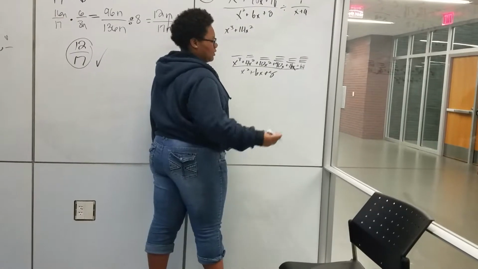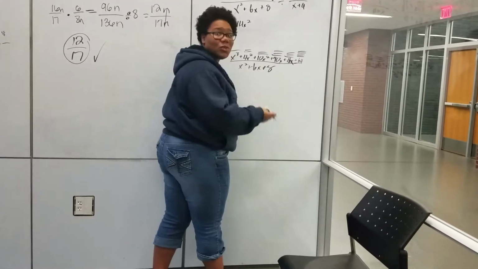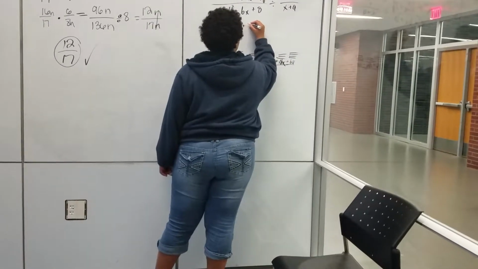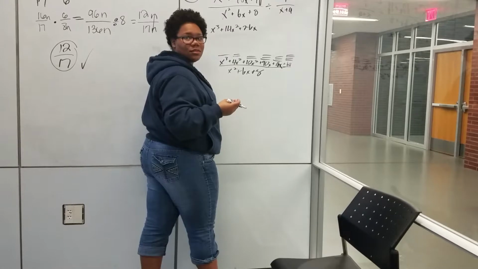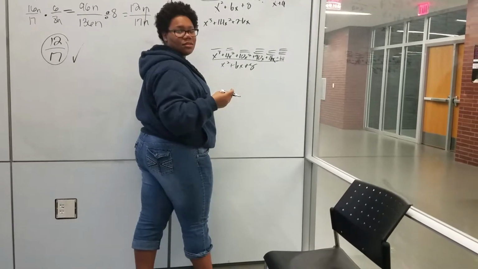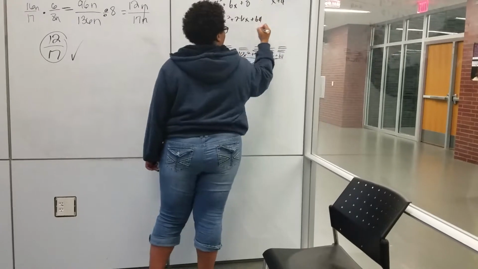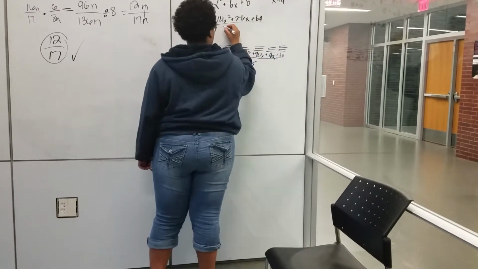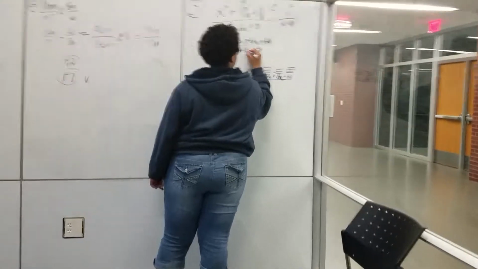And then you add your 10x plus 16, which is 26. And then you have your 64. All over x squared plus 6x plus 8.